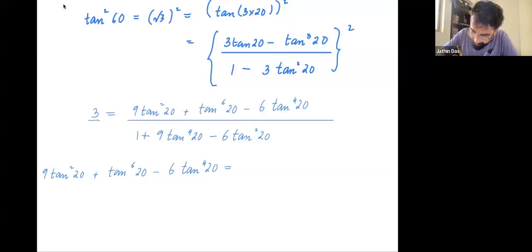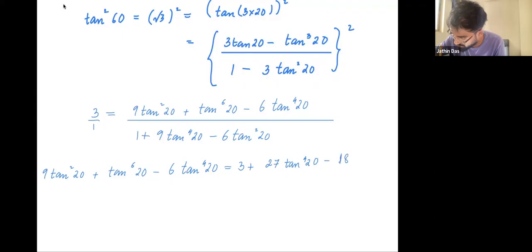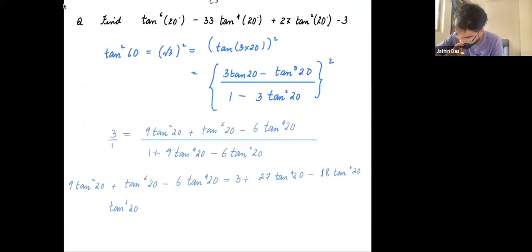Then you cross multiply. 3 plus tan raised to 6 20. यहाँ पे tan raised to 27 minus 6 minus 27 minus 33.